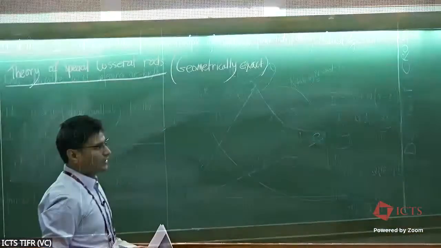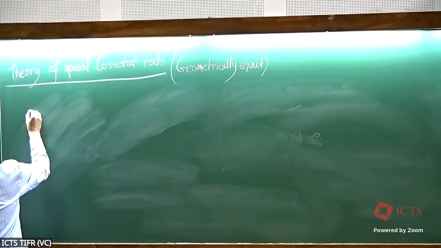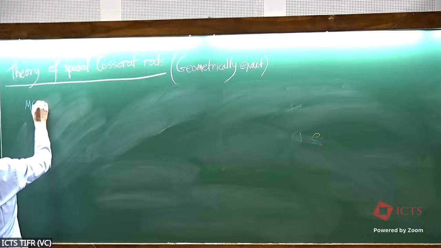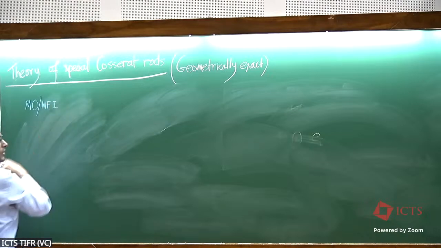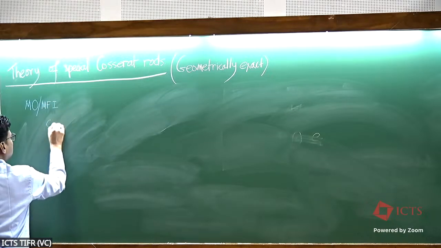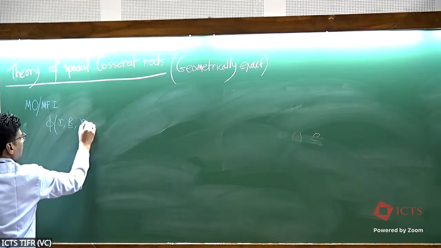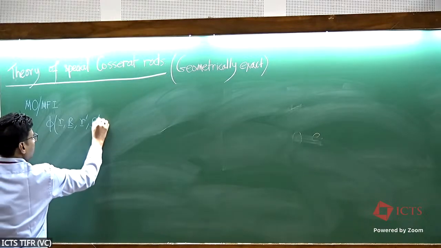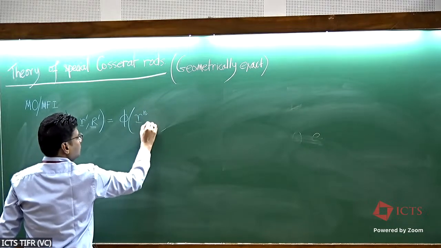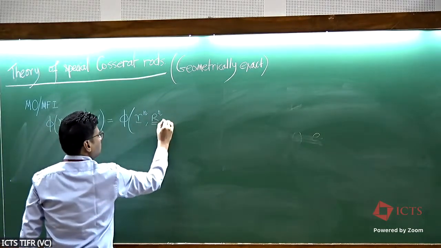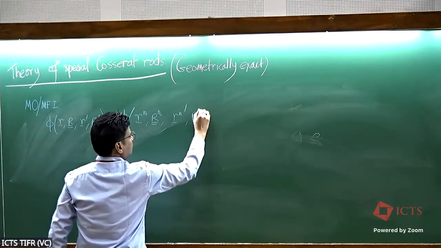Okay, so what that really tells us is that the MO, material objectivity, or MFI, material frame indifference, this is telling us that phi of little r, big R, little r prime, big R prime, has to be same as phi of little r new, big R new, little r new prime, comma, big R new prime.